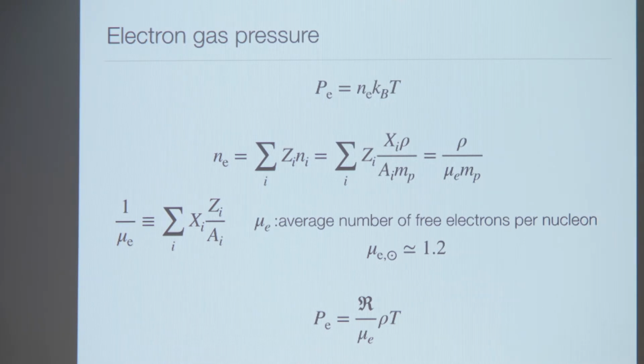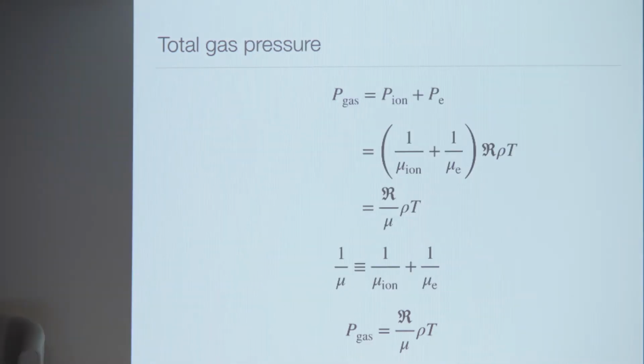So now we have the pressure for the ions and the electrons. To get the total pressure from the gas, we can simply add these two components, and that will lead to this simple equation of state for gas, proportional to the density and the temperature.